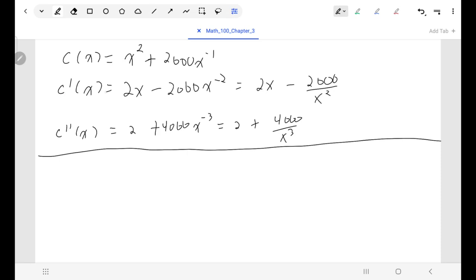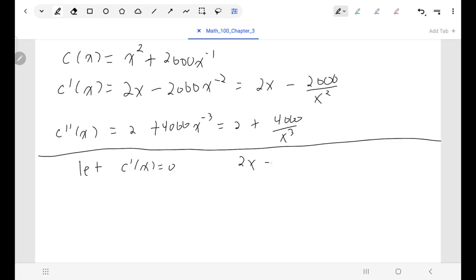For our first derivative, it's not defined when x is 0, and that's fine because 0 is not included as part of our domain anyhow. And we're only going to be interested in the critical numbers that happen when the derivative is equal to 0. So let's let our derivative be equal to 0, and let's see what we get.